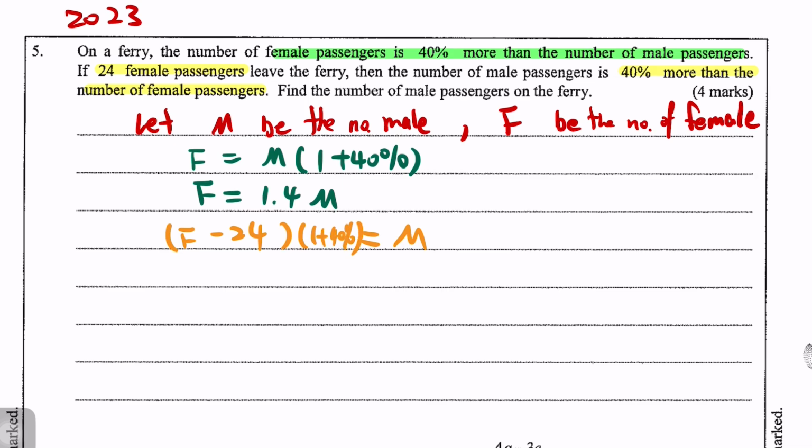So (F minus 24) times 1.4 should equal a larger number, M, right? So we simplify it: 1.4 times (F minus 24) equals M, and then we multiply the 1.4 into the bracket.